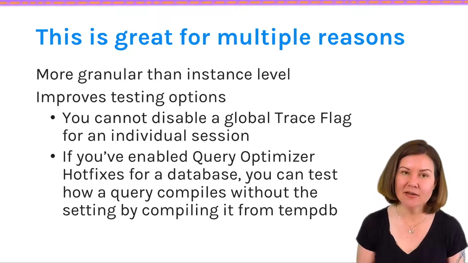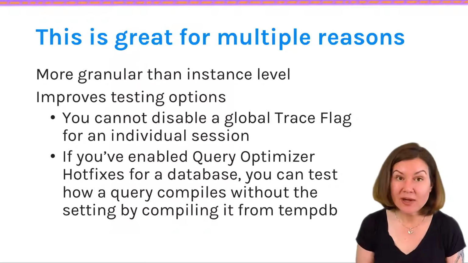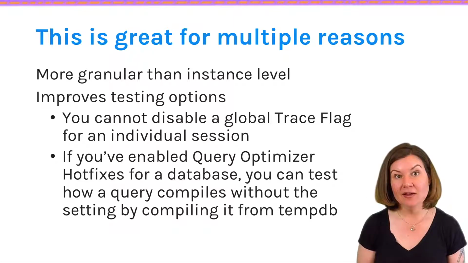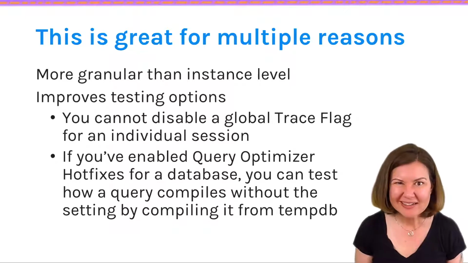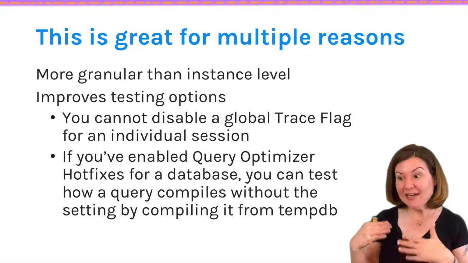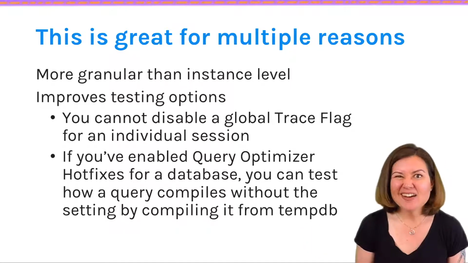How do I test that? It's on globally for the instance. I don't have a way to disable it for an individual query. I need to either disable it for the whole instance, which could impact someone else, right? That's not good. Or I need to go restore my database to a different instance and test it over there. That's not a great option.